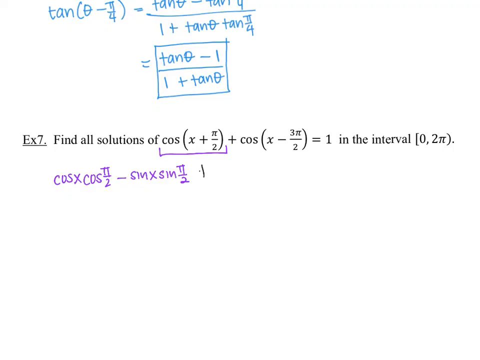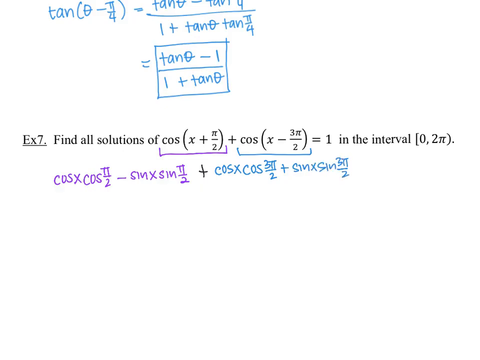Plus, now I'm going to have to expand out this expression as well. This is the cosine difference formula, which is cosine cosine plus sine sine. So cosine x cosine 3 pi over 2 plus sine x sine 3 pi over 2.